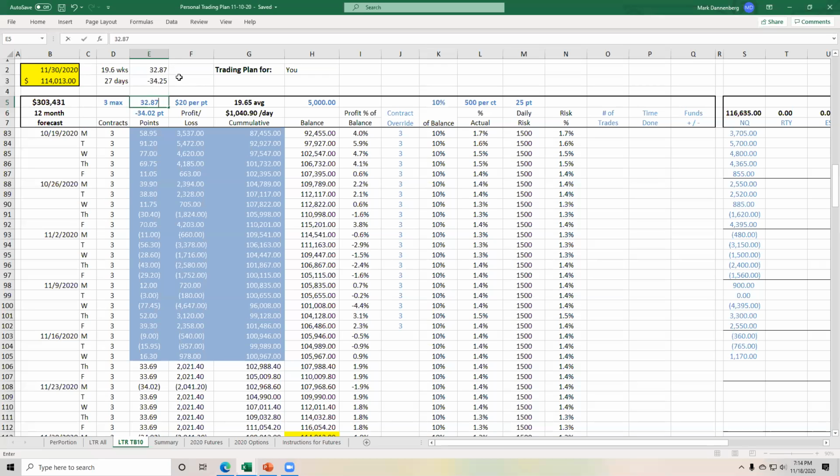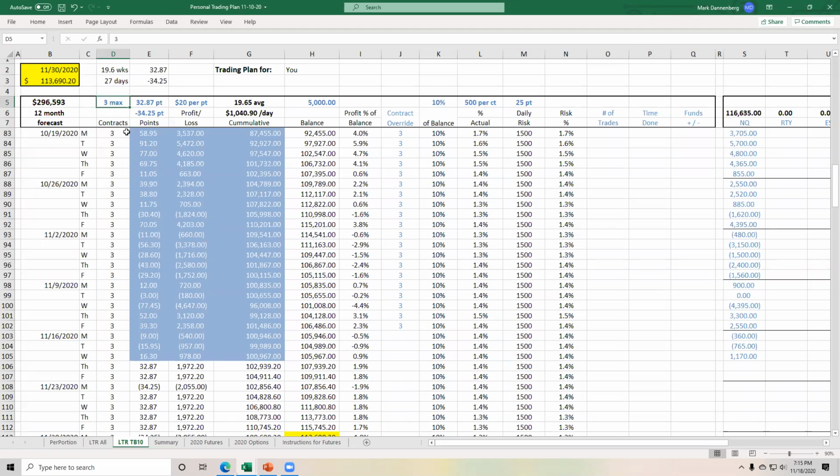So I'm going to put 32.87 in that forecast category for our winning days, and I'm going to put in minus 34.25 for our forecast of losing days. So now we've built in a ratio of winning days to losing days, and we know what the average is so that we are able to forecast forward based on what we've actually done.